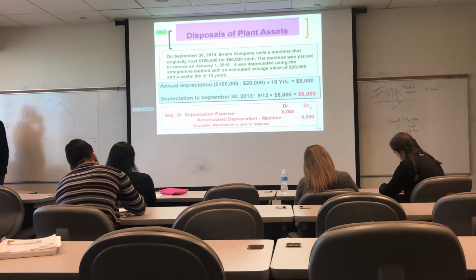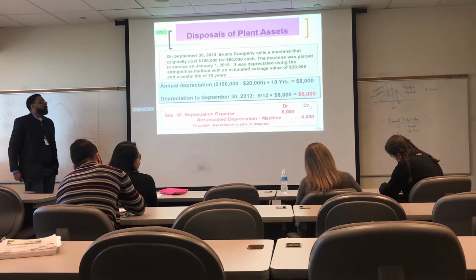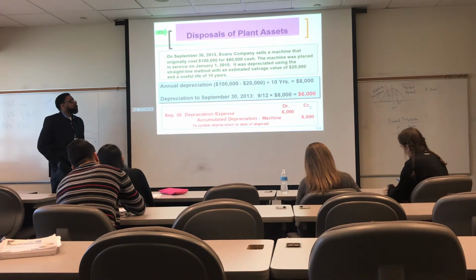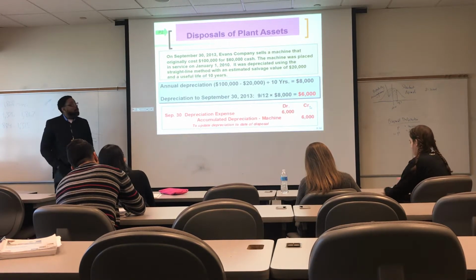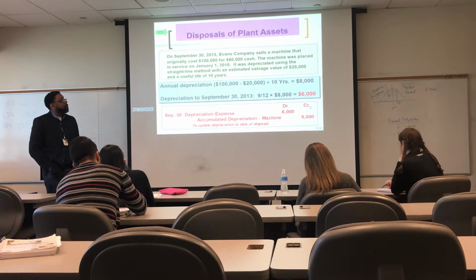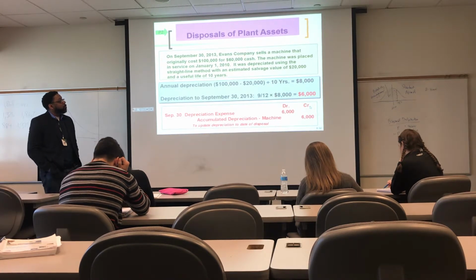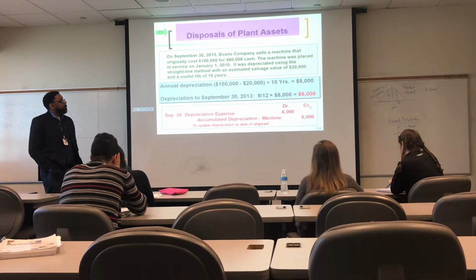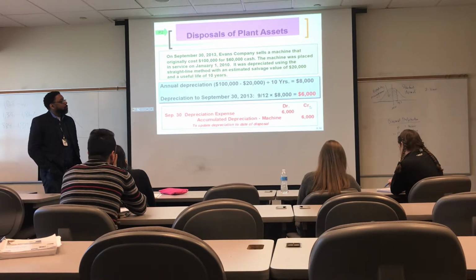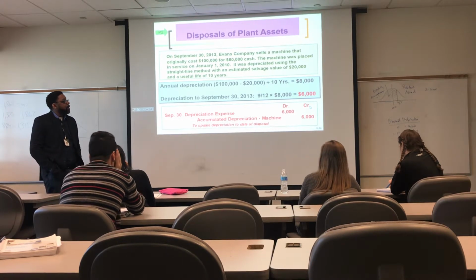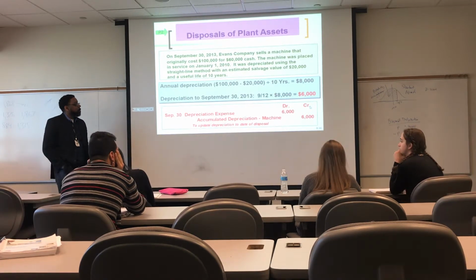So in our example, on September 30th, 2013, Evans Company sells a machine that originally cost $100,000 for $60,000. The machine was placed in service on January 1st, 2010. It was depreciated using the straight line method with an estimated salvage value of $20,000 and a useful life of 10 years.